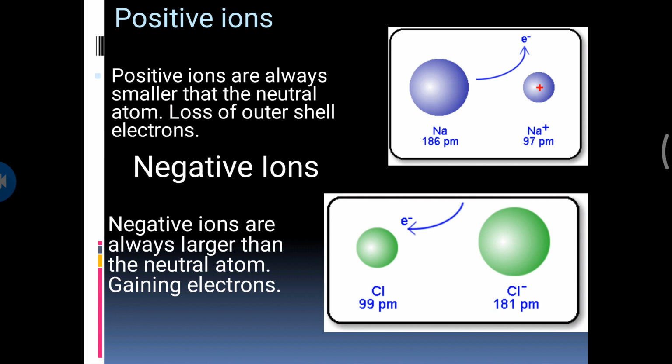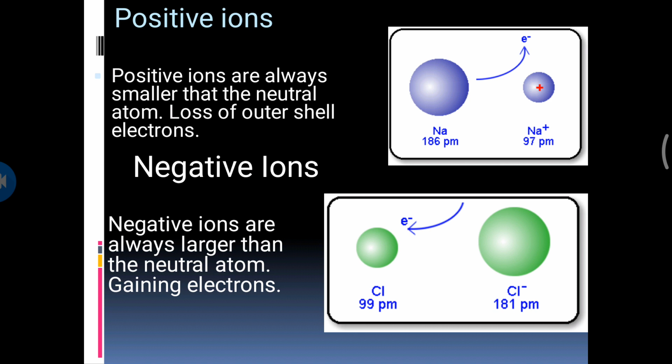in the second figure, chlorine atoms. In a neutral chlorine atom, the atomic size is 99 pm. If it gains one electron to form a Cl minus ion, a negative ion, its atomic radius increases. The Cl minus radius is 181 pm. So the radius increases in the form of a negative ion.